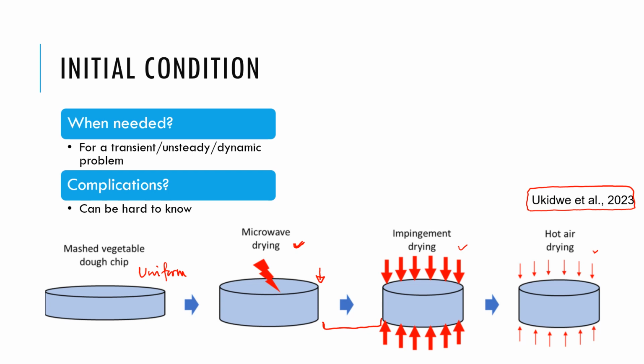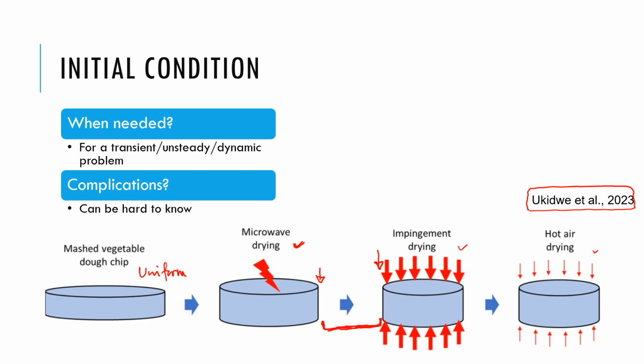And so what we need as the initial condition for the next step, that is here, can be an unknown. That can be hard to know because of this intermediate resting state. So one way to get around this is we also model the resting state.